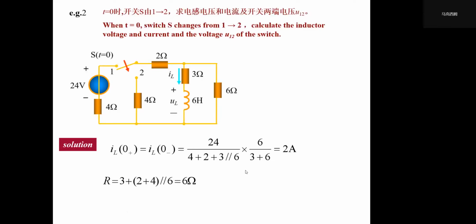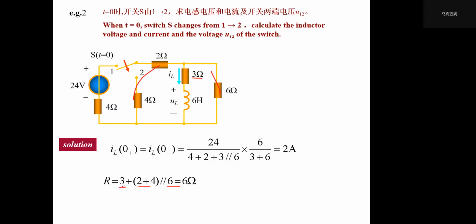We see that 3, 2, 4, 6: the 2 plus 4 and 6 form a parallel connection, and 3 forms one connection to the main connection of it.